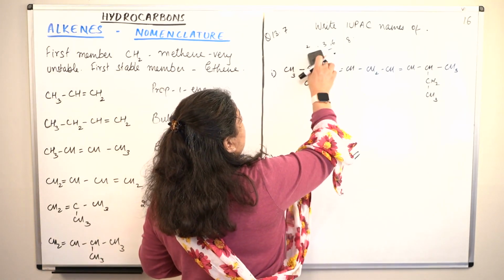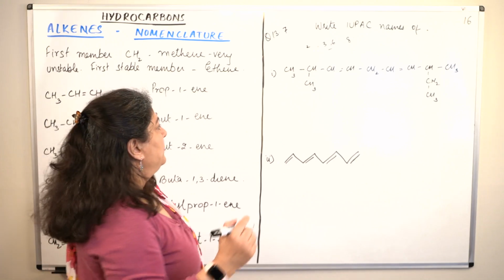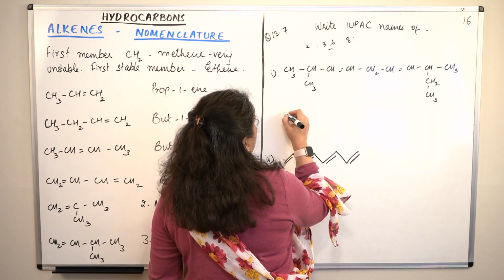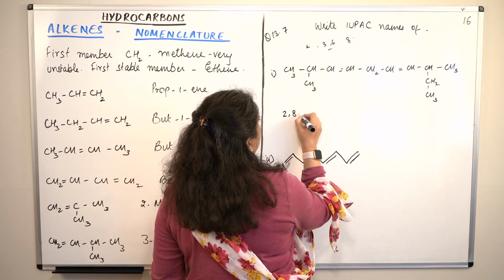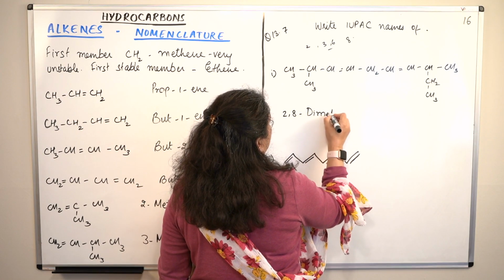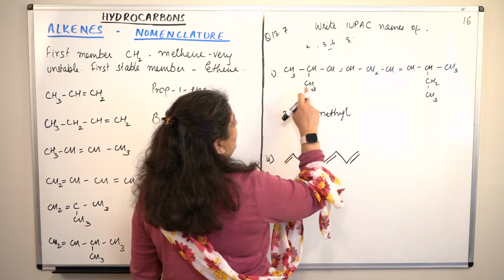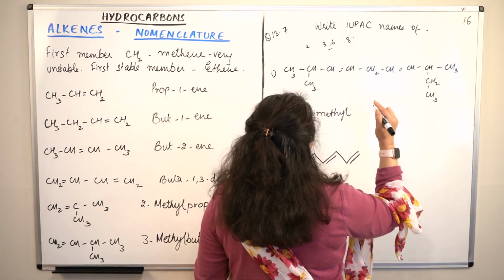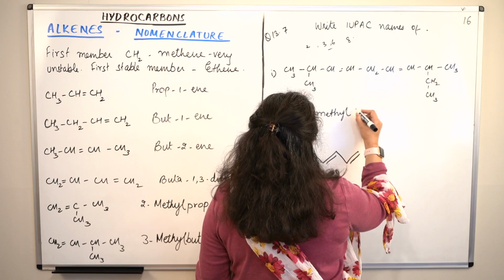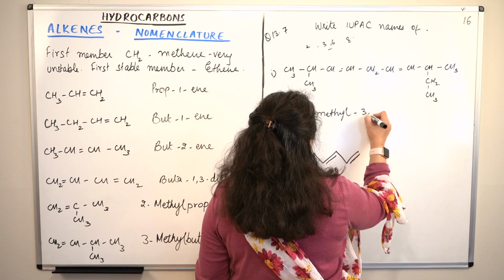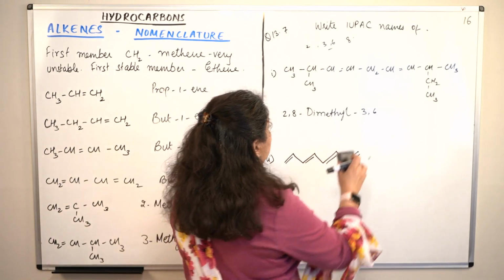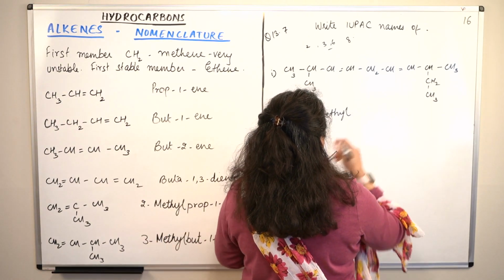2 and 8 are methyl groups. So we'll say 2, 8 dimethyl. Okay, 2, 8 dimethyl. Sorry, not 3, 6. We'll first write deca.